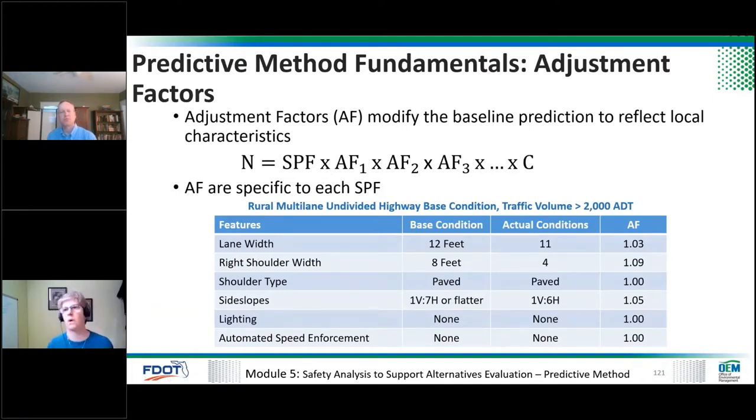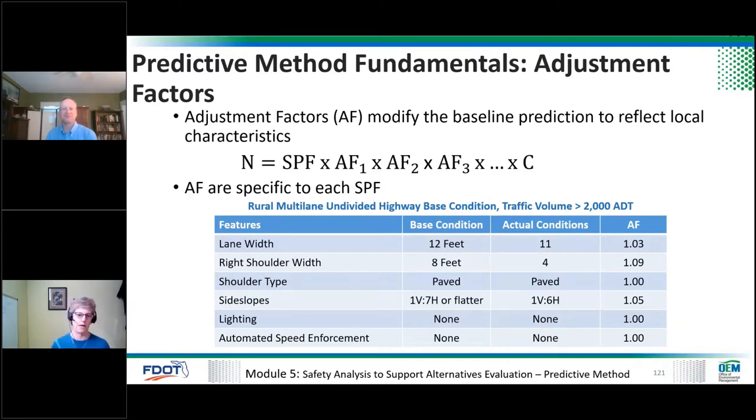So that says for rural 2-lane highways, for example, with 12-foot lanes and 8-foot shoulders and this particular side slope and no lighting and all these different characteristics, that's a base prediction. Then the fact of the matter is, though, your facility is different from that somehow.